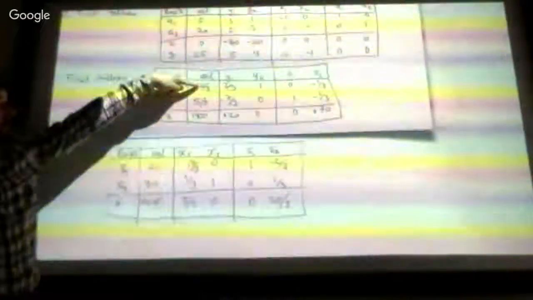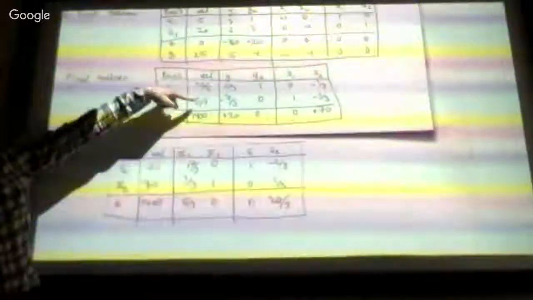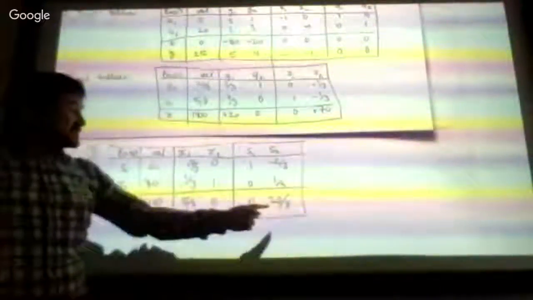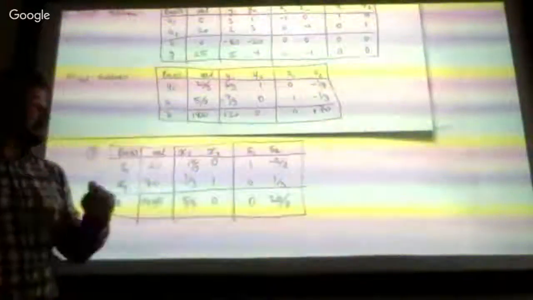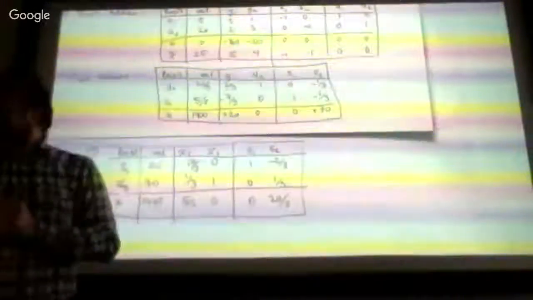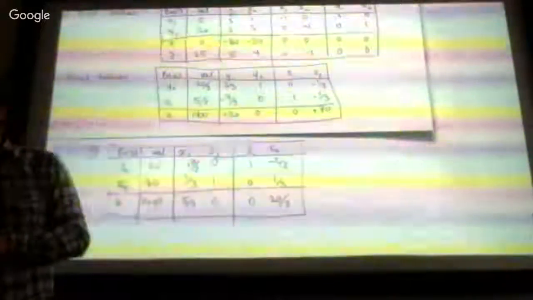And this 20 thirds and this 5 thirds looks suspiciously similar to these numbers. And again, that's not a coincidence. That's a certain property of the primal and dual simplex tableaus, but we'll get there in due time. Okay, so I'm not showing all the steps between here, I'm just giving you the answer, because there's no point in doing it.